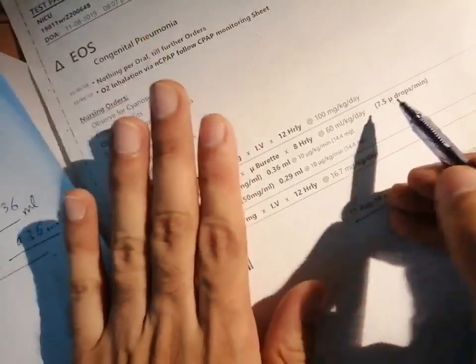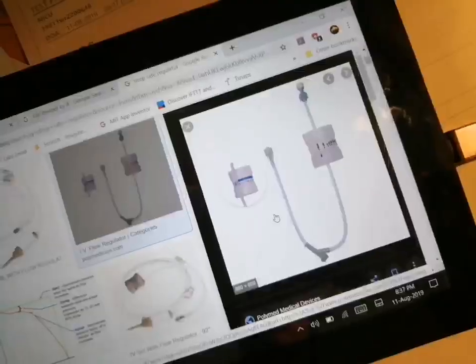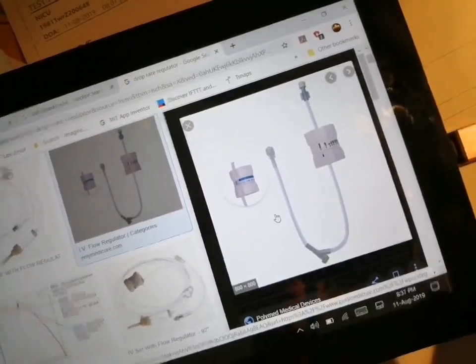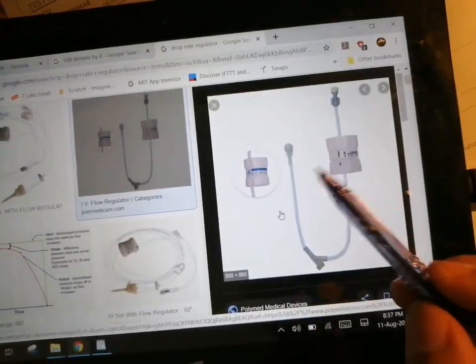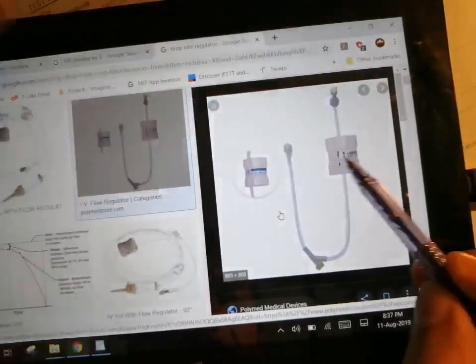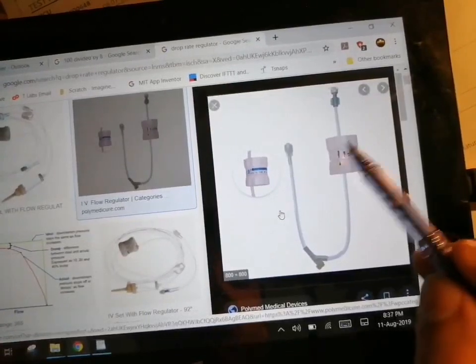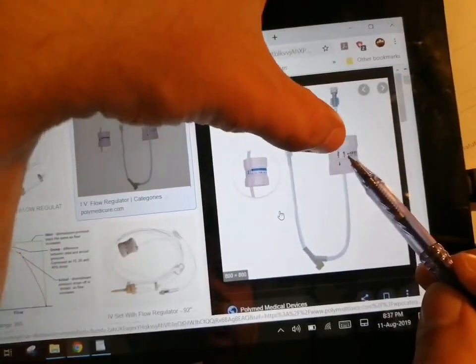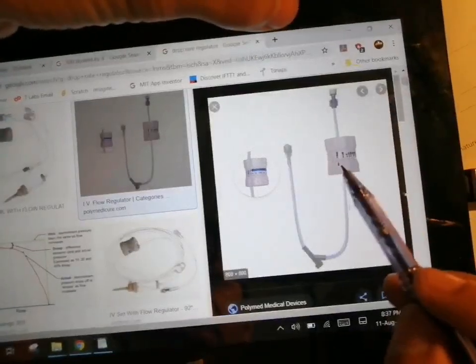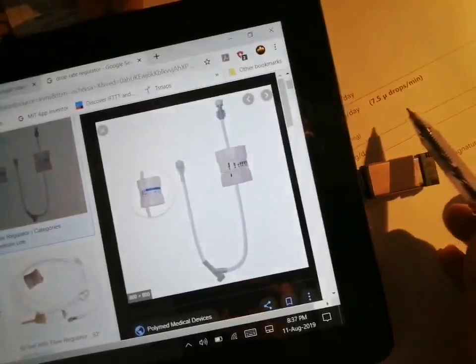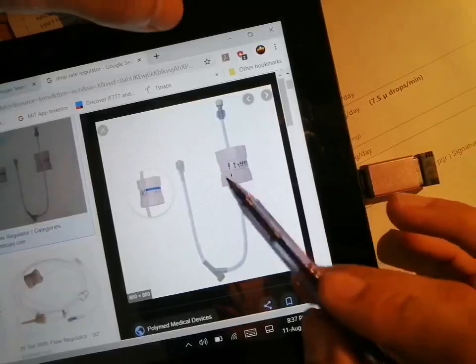Let me show you the droplet regulator. This here is the droplet regulator. You see, it has a small dial, and this dial can be rotated. It comes in two forms. One has a dial for mLs in 8 hours, and the other has a dial for setting the drop rate as we want here. So this is a plastic thing.